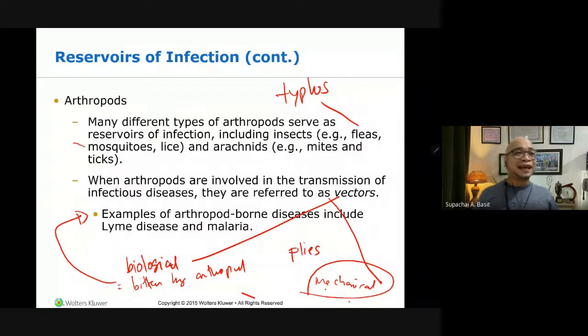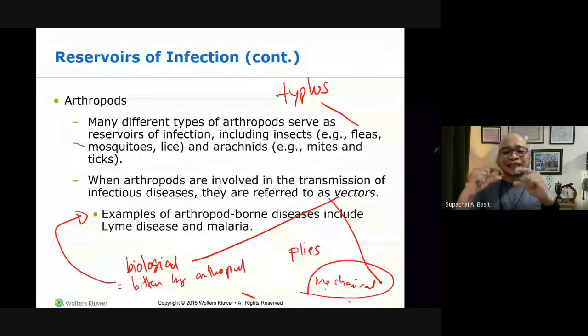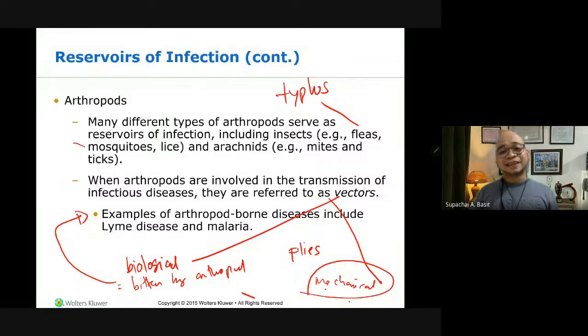So when flies, for example, land on a stool or a fecal sample, the feet of these flies will now be carrying various bacteria, various microorganisms, and then they land on your food, and you eat that food that contains these microbes, then you'll get infected through flies, and that means you get a mechanical vector-based infection.